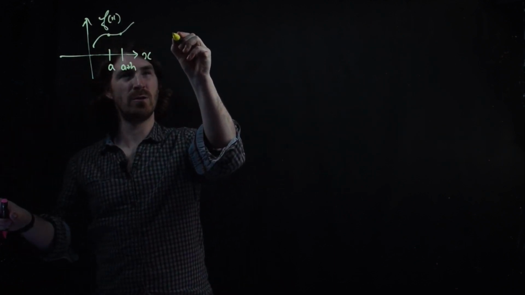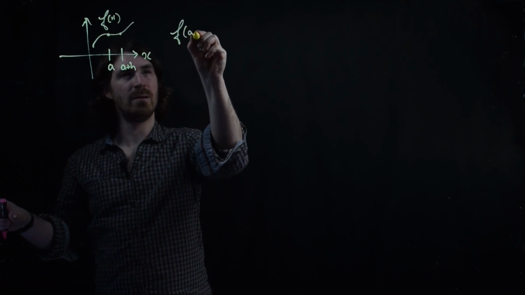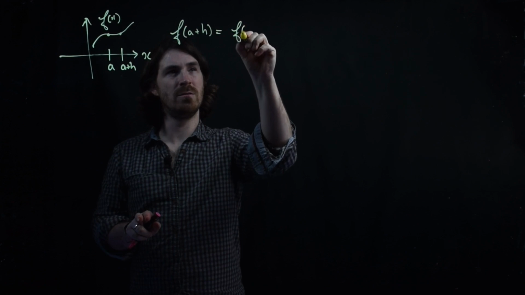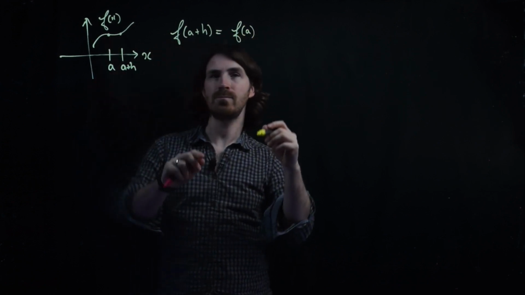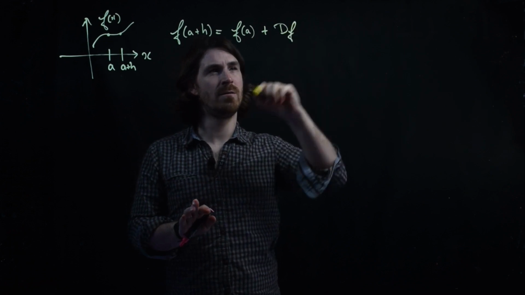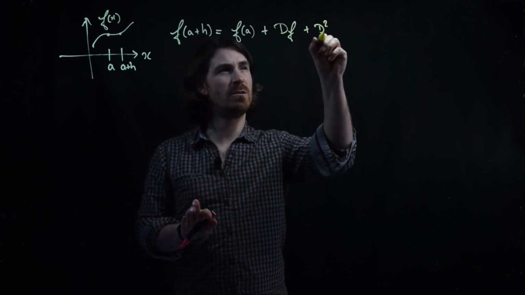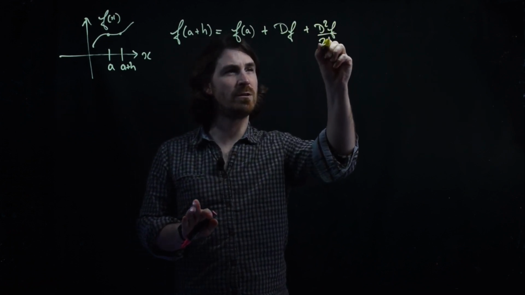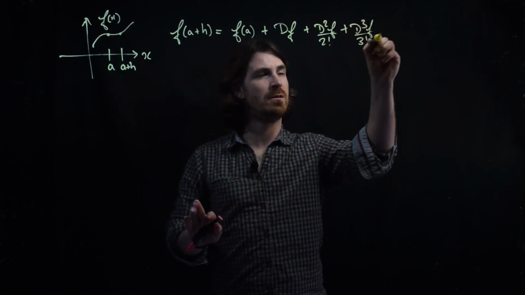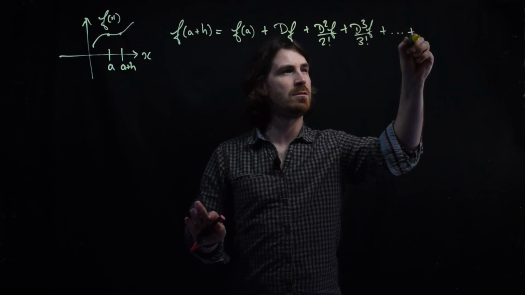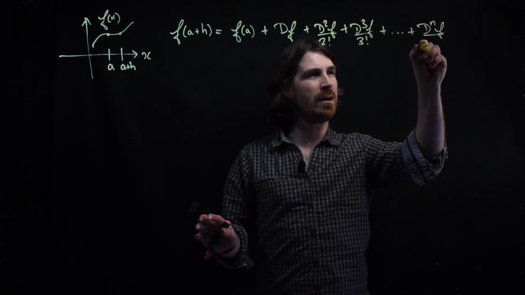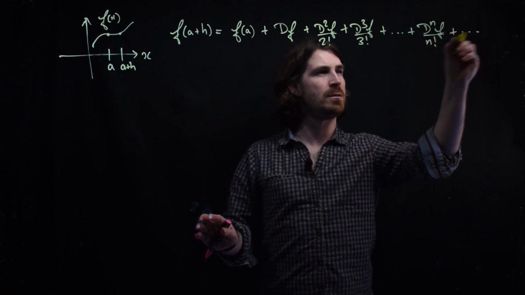And we saw that this was given by f of a plus h equals the function at a plus df plus d squared f over 2 factorial plus d cubed f over 3 factorial plus, and then d to the n f over n factorial plus.